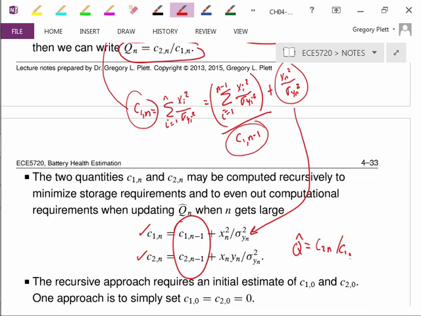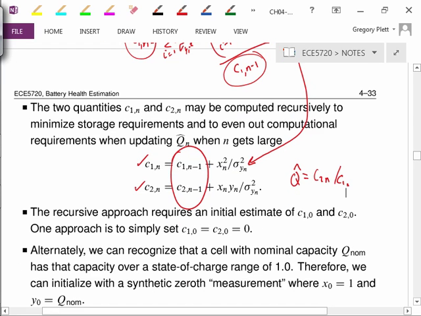Whenever we have something recursive like this, though, we have to find a way to initialize the recursion. This turns out not to be hard to do. If we didn't think about it very long, we might simply set the two variables to 0. And so whenever I get a first measurement, I'm basically initializing c1,1 to x1 squared over sigma y1 squared, and c2,1 is x1 y1 over sigma y1 squared.